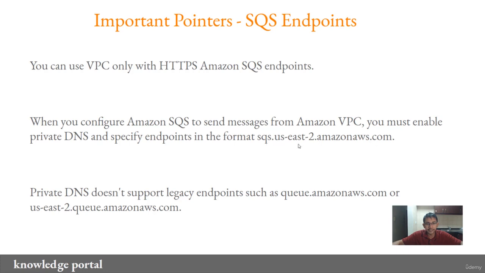We'll be discussing this second point in just a moment. The third important point is that private DNS doesn't support legacy endpoints such as queue.amazonaws.com. This is also a legacy way to connect to SQS. However, if you're making use of private DNS, then such legacy endpoints are not supported over here.